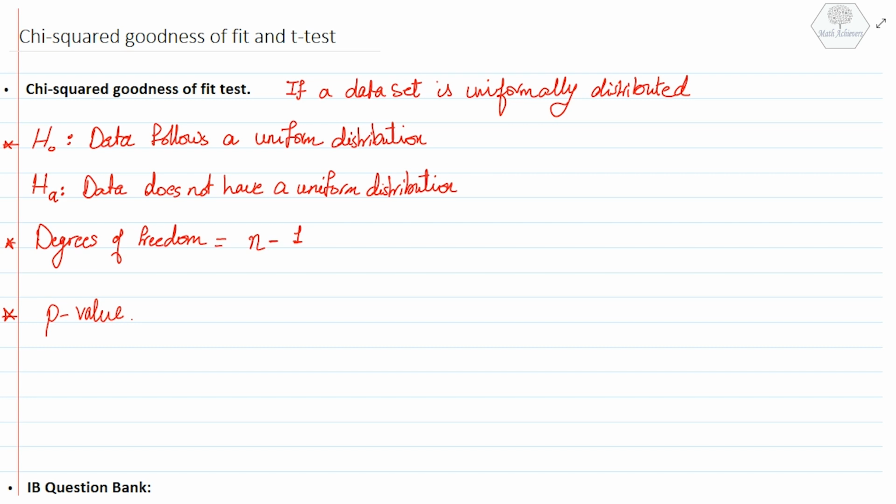In order to reject or not reject the null hypothesis, we have to compare the p-value with the significance level.